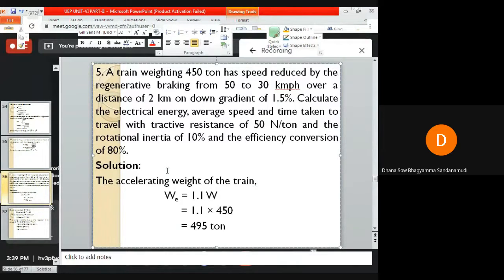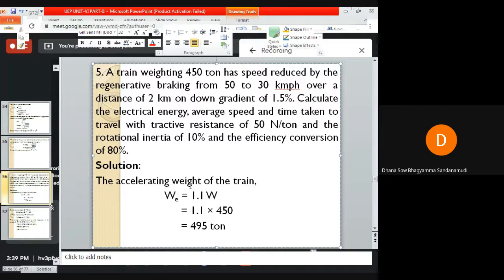So the dead weight of the train is given, the change in speed is given, distance traveled is given, down gradient in percentage is given, tractive resistance is given, and rotational inertia and efficiency of conversion are given.